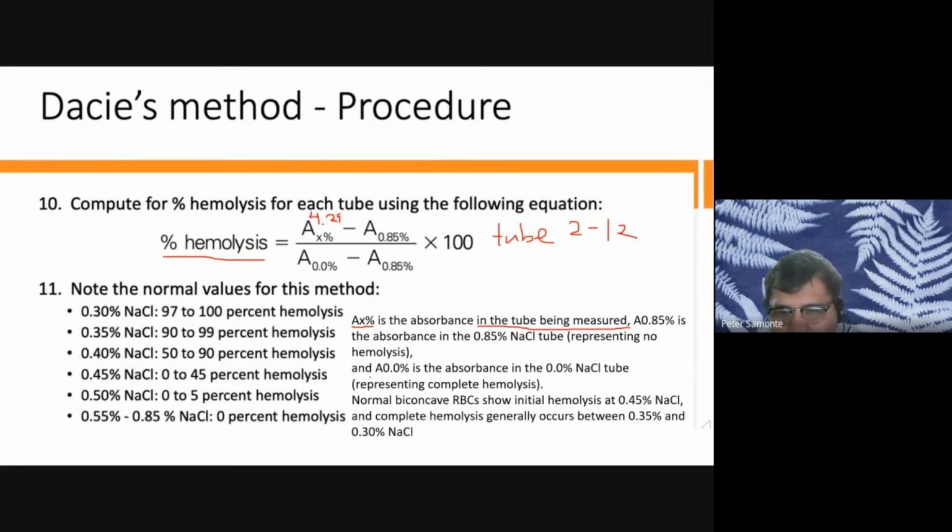Your 0.85% here, class, is the absorbance of the 0.85 sodium chloride tube, also known as your blank. Class, I have a question. In your spectrophotometer, what would be the result of your blank? All right, very good. It would be 0.